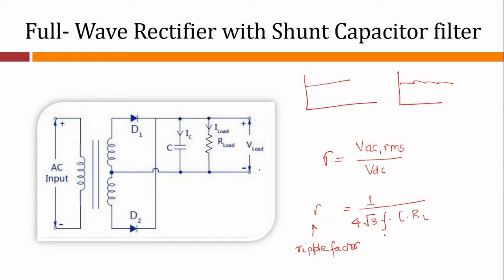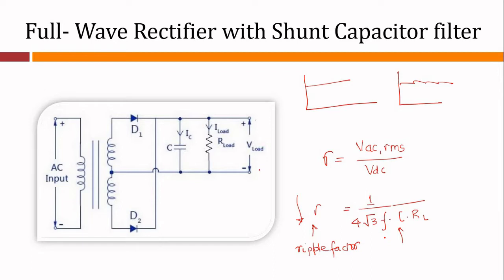F is the frequency of operation, line frequency, R is the ripple factor. So if I want to reduce the value of R, I have to use high value of capacitor. So the main objective of this filter is to suppress the harmonic components.